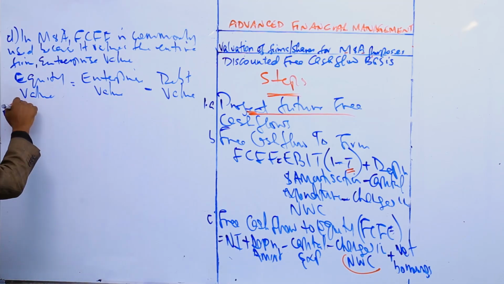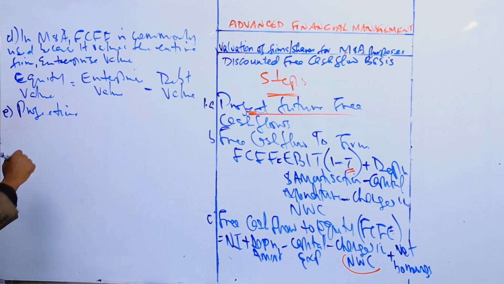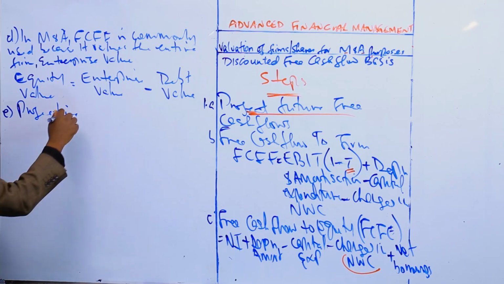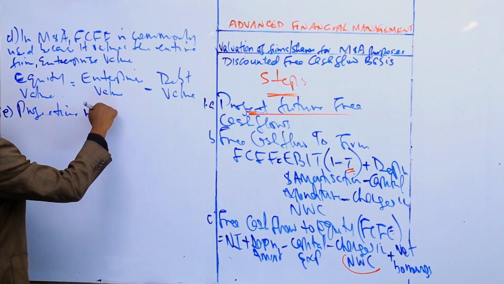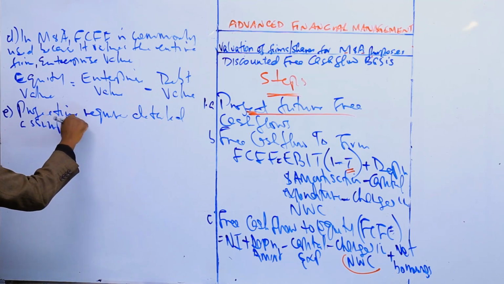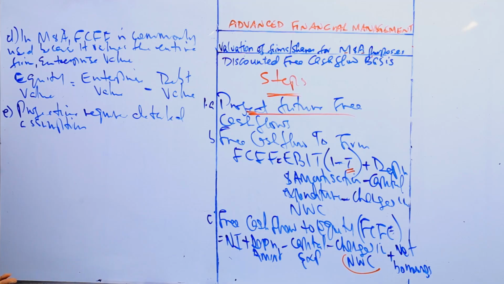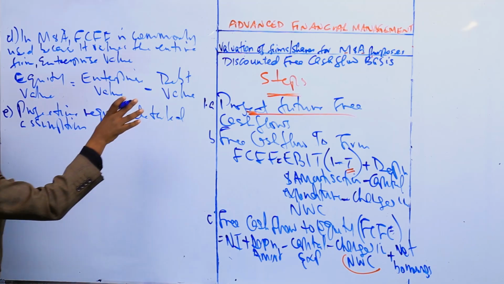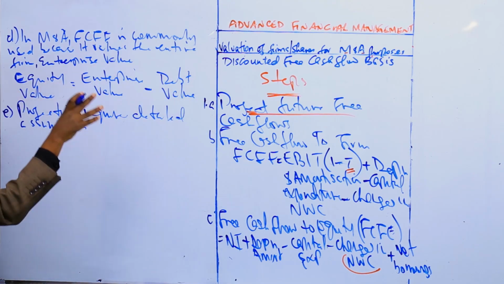Projections require detailed assumptions about revenue growth, profit margins, tax rates, working capital needs, and so on. So that is step number one in relation to projection.